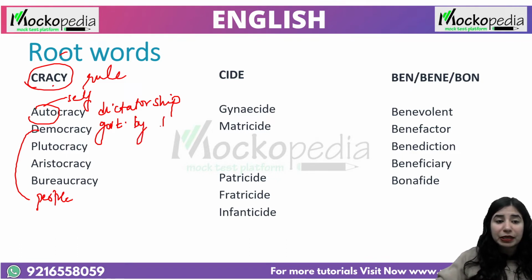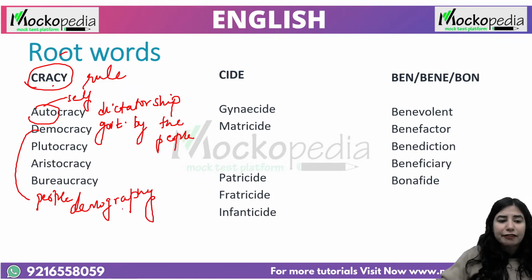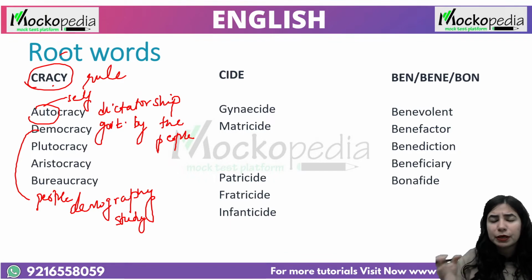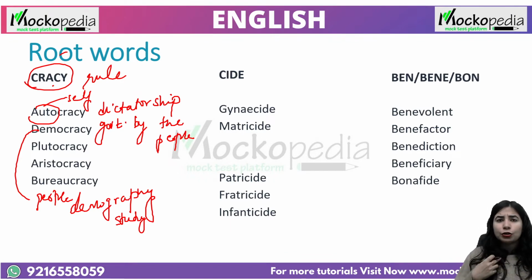Now from this root you can have the word demography. Graphy is study, so demography is the study of the people. During election time, you must have seen people come to your place, or there are surveys to see people below the poverty line, or how many people would be voting in your family. So that is a study of people.